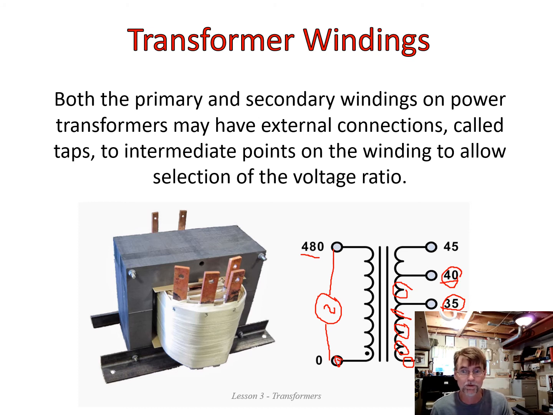Those taps are not on the secondary side like the one we're looking at, they're on the primary side. So we connect the primary side to the appropriate tap, and the output on the secondary side is always exactly the same. The multi-tap transformer makes it versatile so that we can use it in all kinds of different environments.